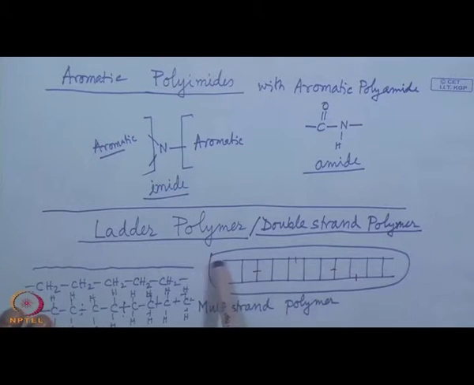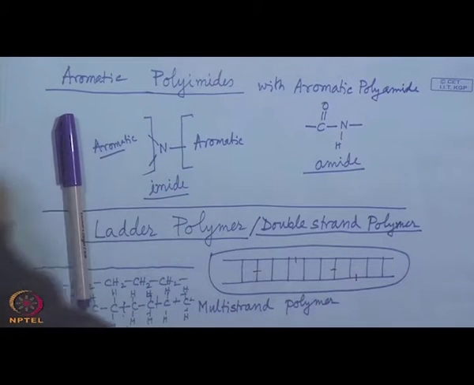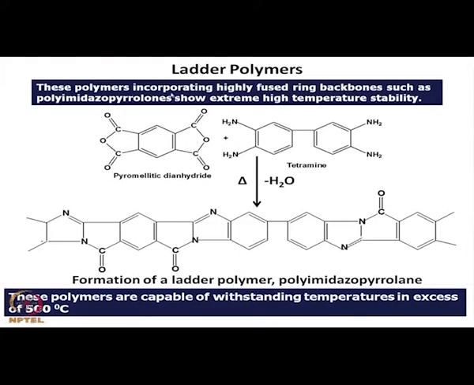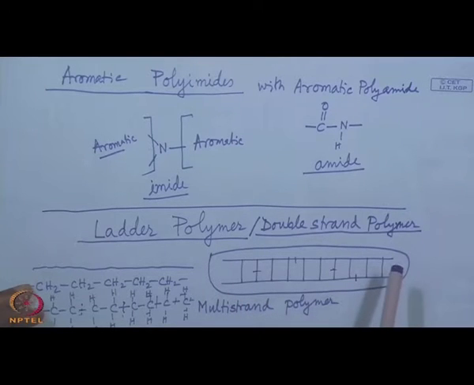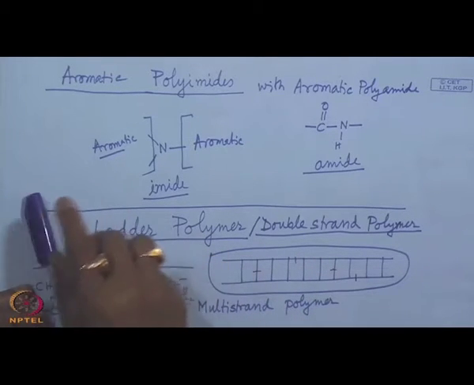Such ladder polymers are formed by incorporating highly fused ring backbones such as polyimidazopyrrolones, showing extremely high temperature stability, as I explained through this sketch. Even if there are breakages, it maintains its identity.